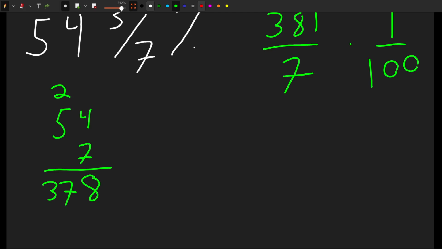So if 381 is not divisible by 2, and is not divisible by 5, then there's no other work we need to do. So 381 ends in a 1, so it's not divisible by 5. It's odd, so therefore 381 times 1 is 381.